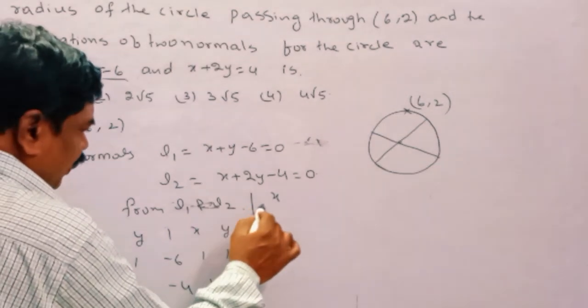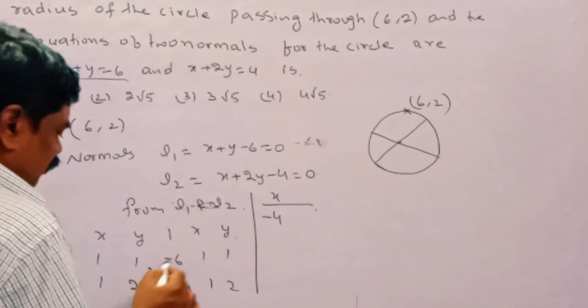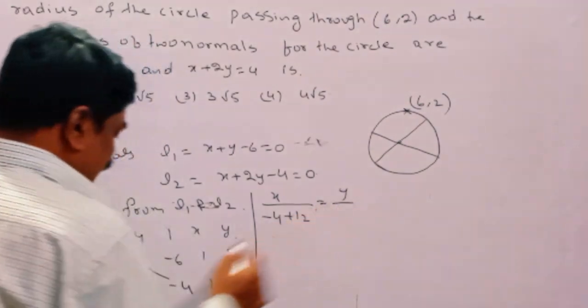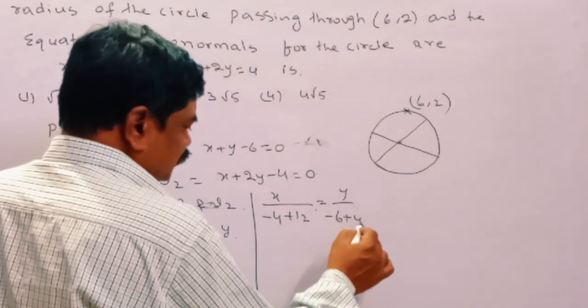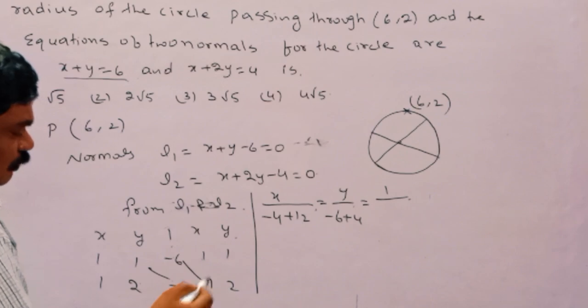Then x by minus 4 plus 12 is equal to y by minus 6 plus 4 is equal to 1 by 2 minus 1.